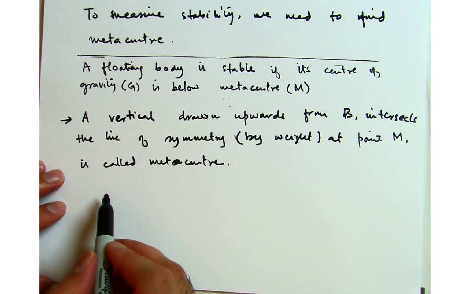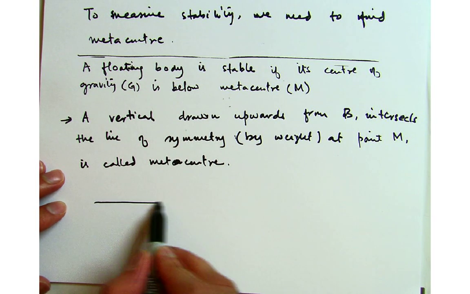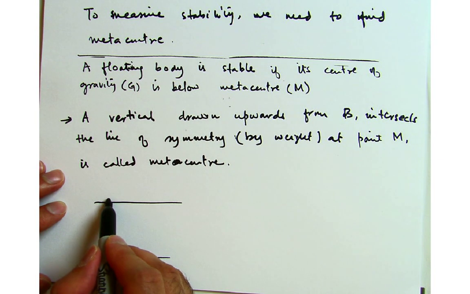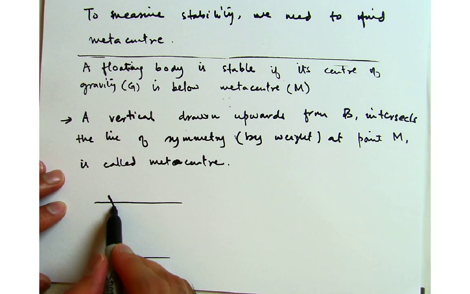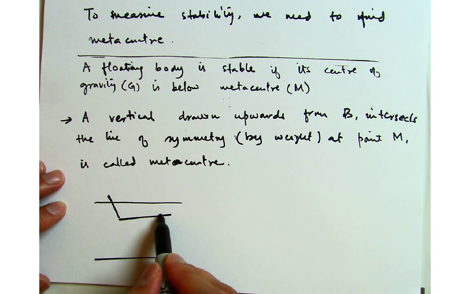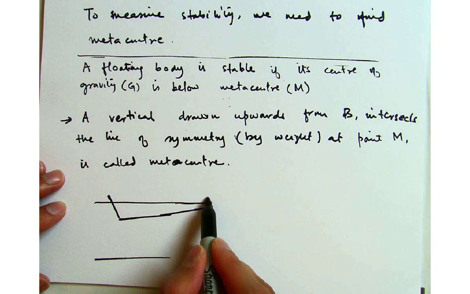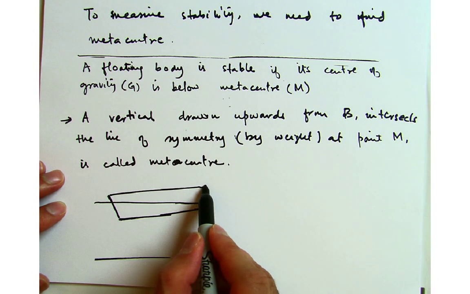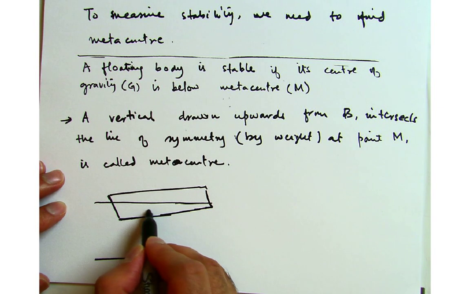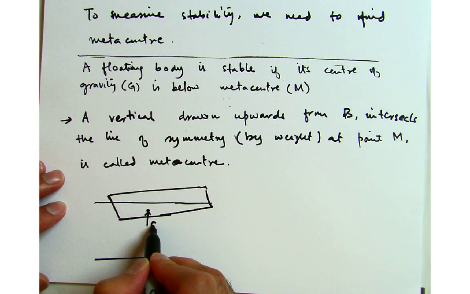If I have to define the metacenter, let's take the first case. We have a ship or something which is at an angle. If this is slightly tilted, this is the fluid that's been displaced. Somewhere over here we will have the buoyancy force, acting in this direction.